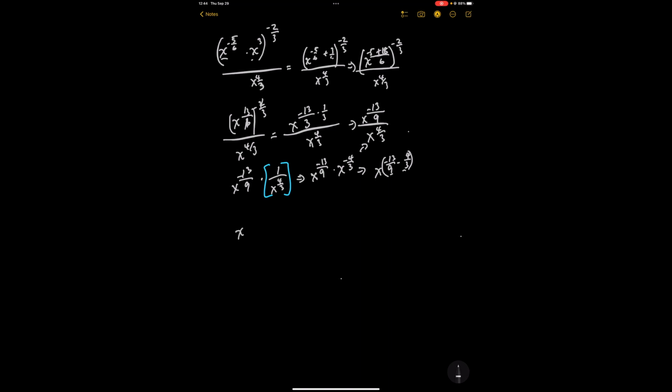So I'm going to have x to the 9. 9 over 9 is equal to 1. 1 times 13 is 13. So we're going to do 13 minus 9 over 3, which is 3. 3 times 4 is 12. And therefore I'm going to have x to the power of negative 25 over 9. Whew, man. Negative 25 over 9.